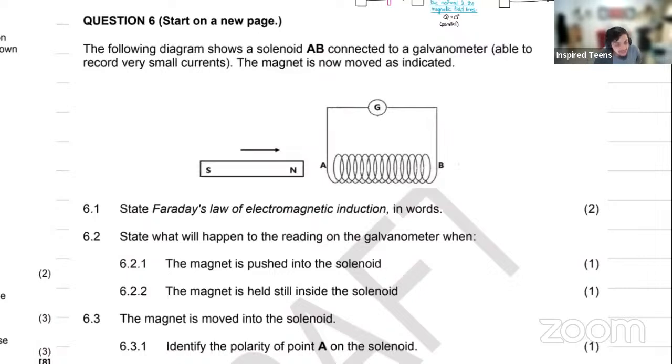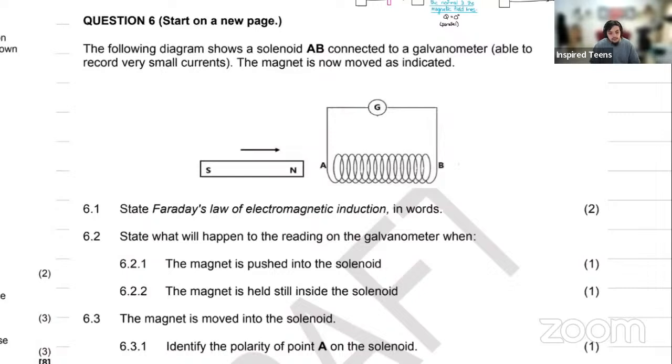Because the magnet is moving into the solenoid, there is a change in magnetic flux, and so long as there is a change in magnetic flux, there will be an induced current. This device measures current. Initially there will be zero current in the circuit, and all of a sudden the magnet is moved towards it, there is a change in magnetic flux, and therefore an induced current. So the reading on the galvanometer will increase. There will be a reading present.